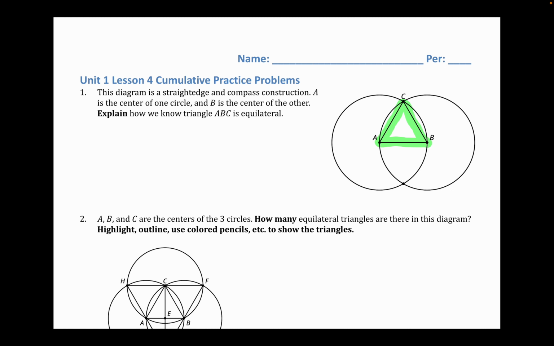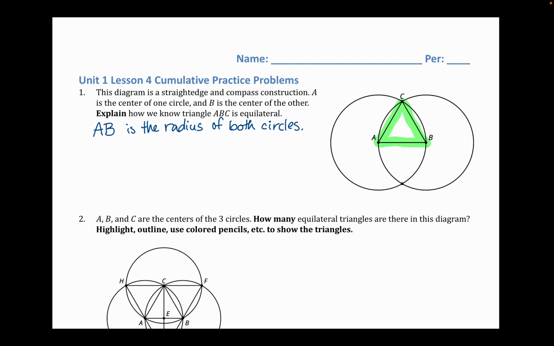So we're going to start with that and say, segment AB is the radius of both circles, just to get that out there.